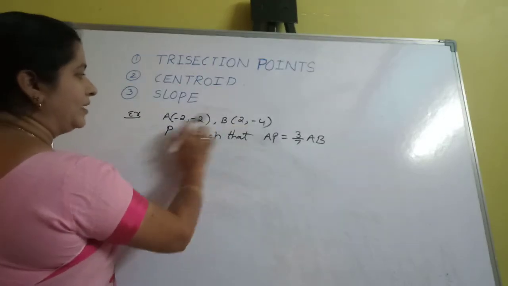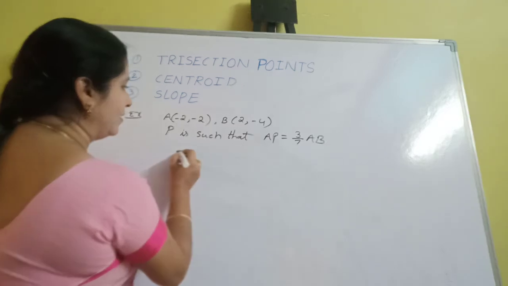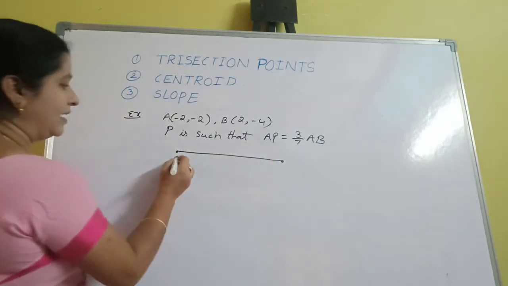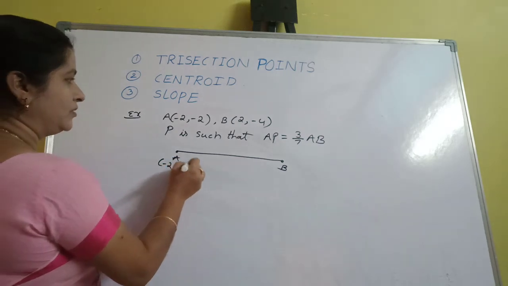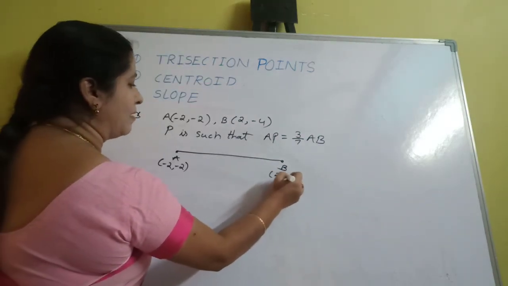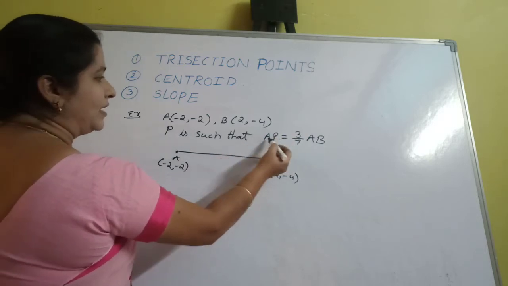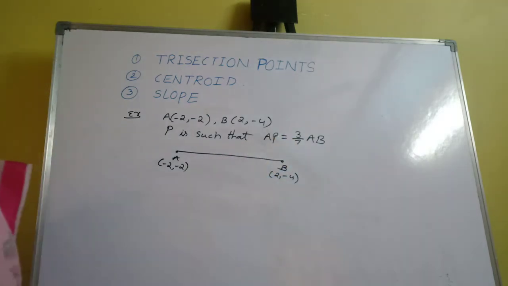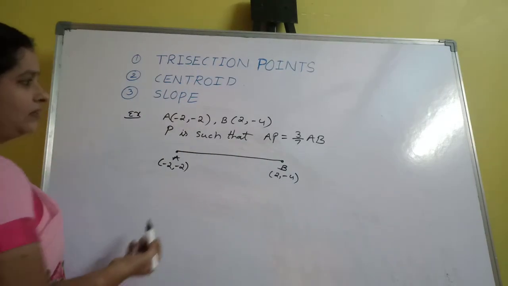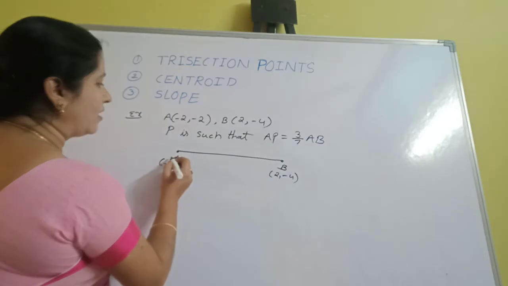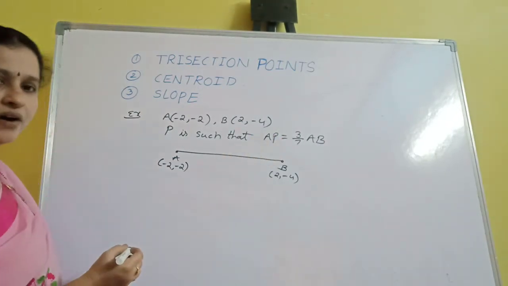A and B points are given. P is a point on the line AB. Suppose it is a line AB. A is (-2, -2) and B is (2, -4). P lies on AB such that AP equals 3 by 7 of AB.